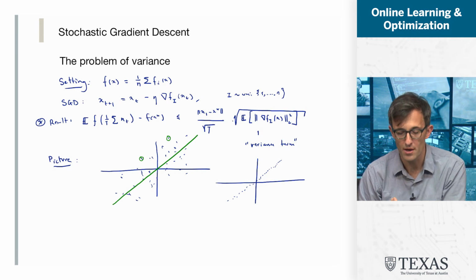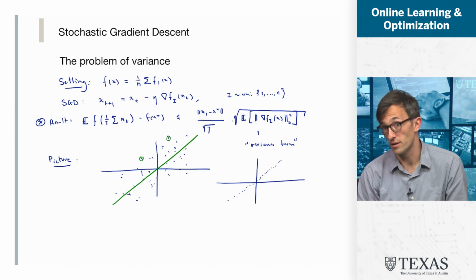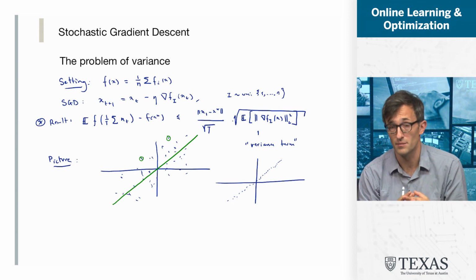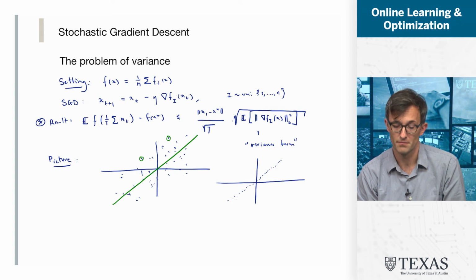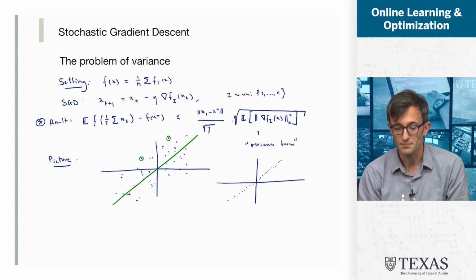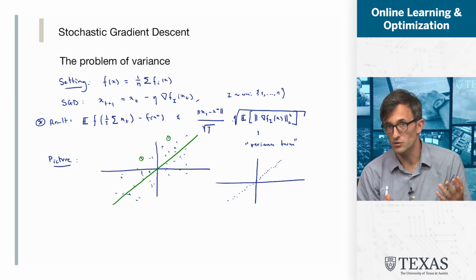In other words, any algorithm that uses a stochastic gradient, whose expectation is in fact an element of the subdifferential, and whose variance is controlled, like we've written here, enjoys this result that I've written down. Those are the only two properties that we need.